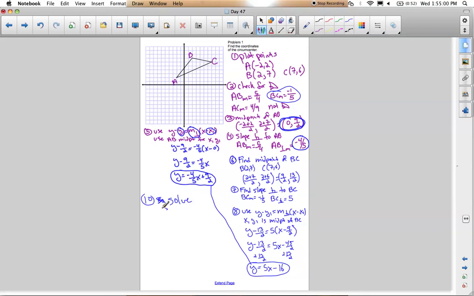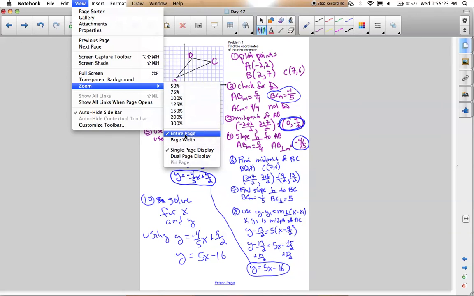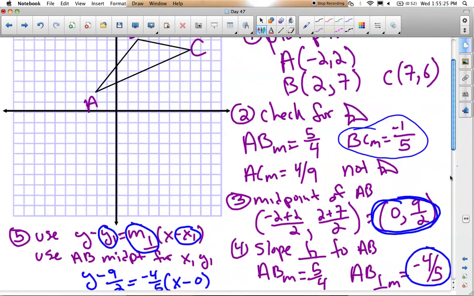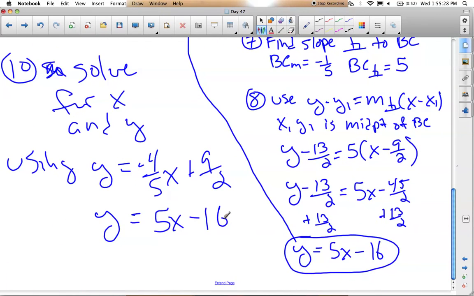And solve for x and y using y equals negative 4 over 5x plus 9 over 2 and y equals 5x minus 16, which means I need to do a system. Okay, I'm going to zoom back in, scroll down. I know it's a lot. Stay with me.